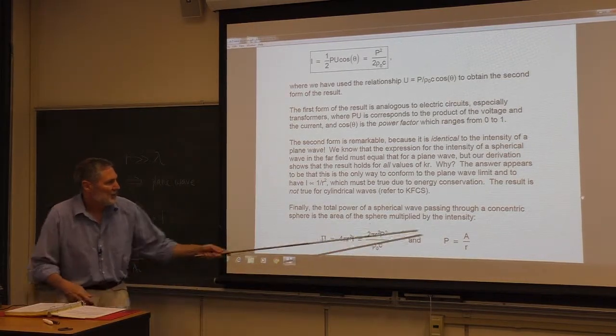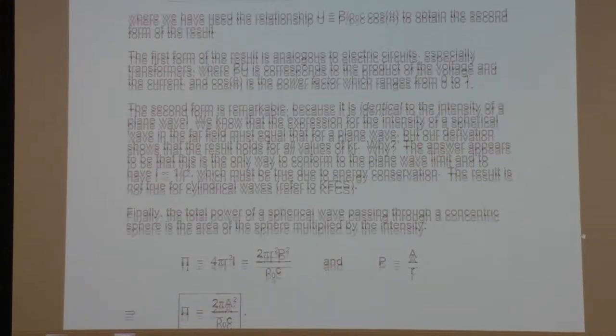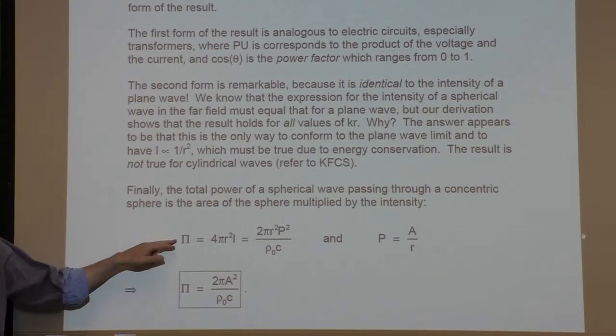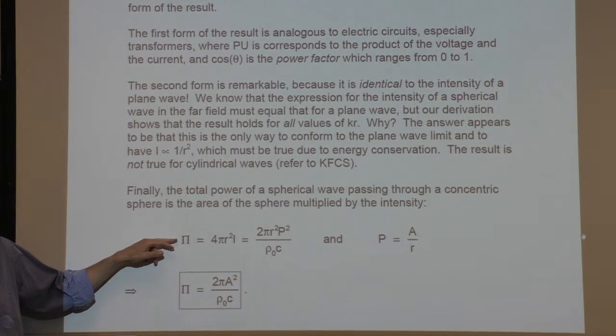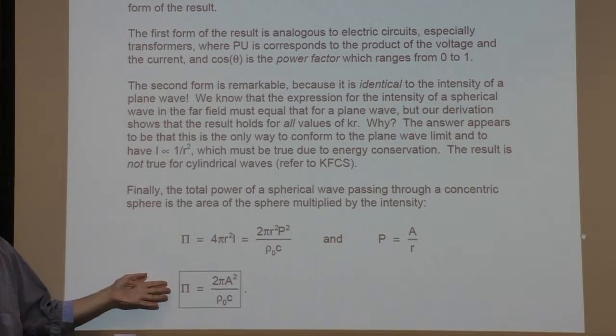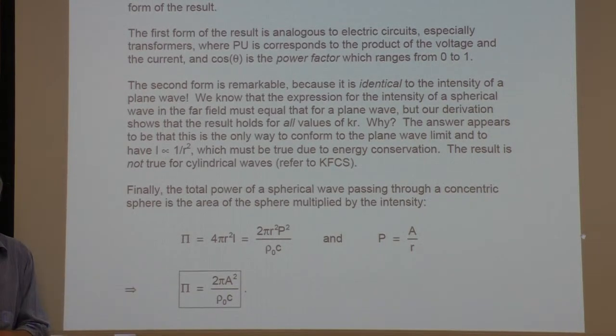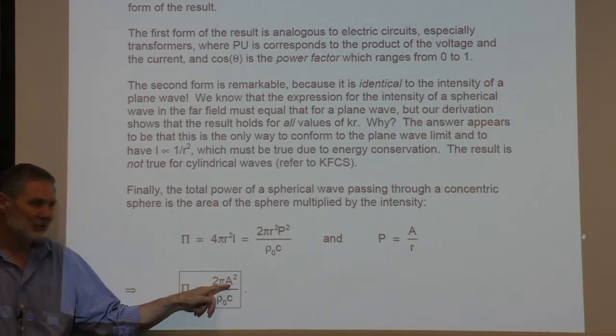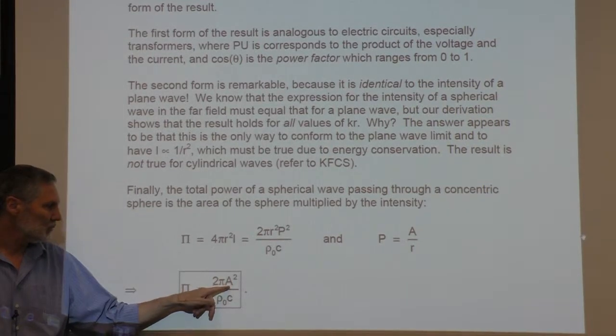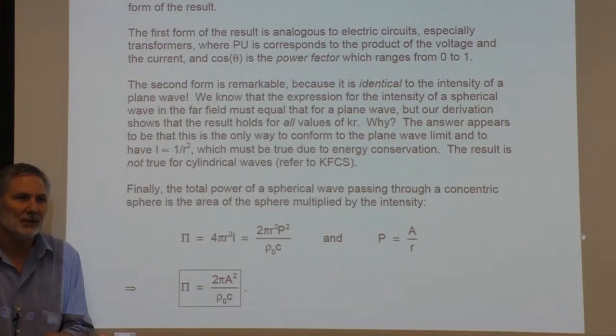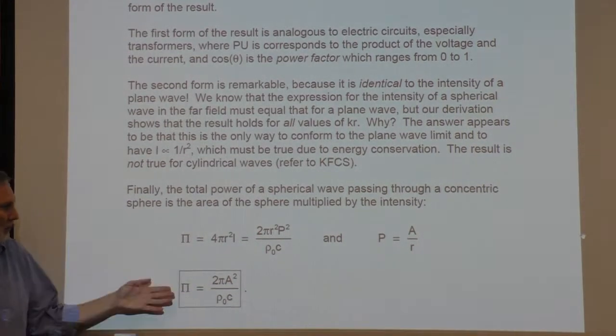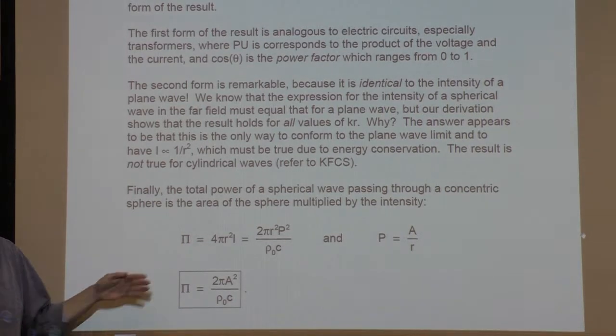Now remember, P is A over R, so we can combine these to get this. We'll use capital pi for the total power. This is the total power output of a pulsating sphere with a pressure amplitude A. We'll make this more physical later on, in a couple chapters from now. But we'll go back and use this a number of times in this course.